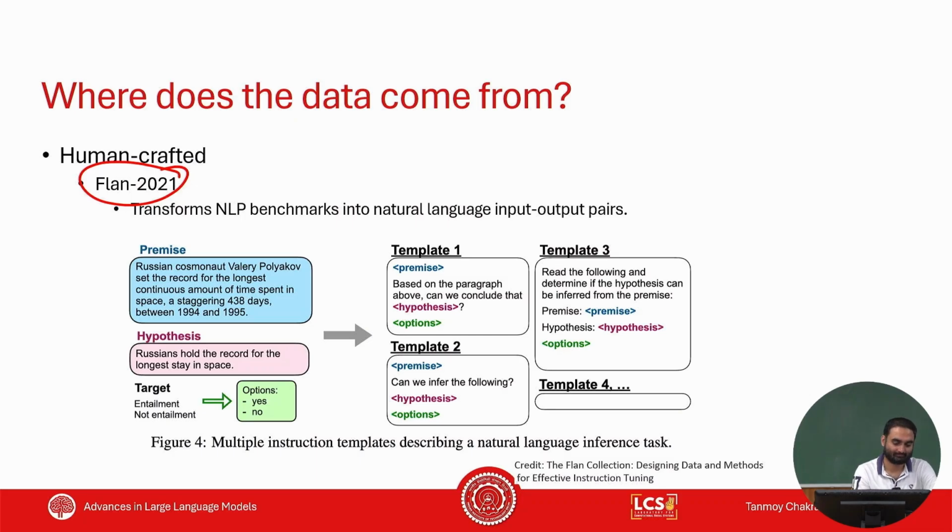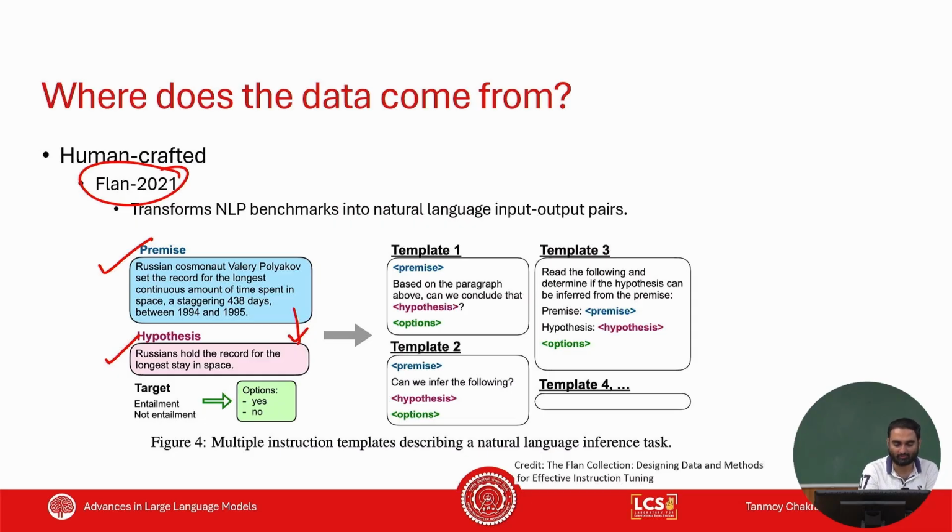So let's say you have this NLI task, right? What is the NLI task? NLI task is that you are given a premise and a hypothesis, and your task is to identify whether this is an entailment or not an entailment. Okay.